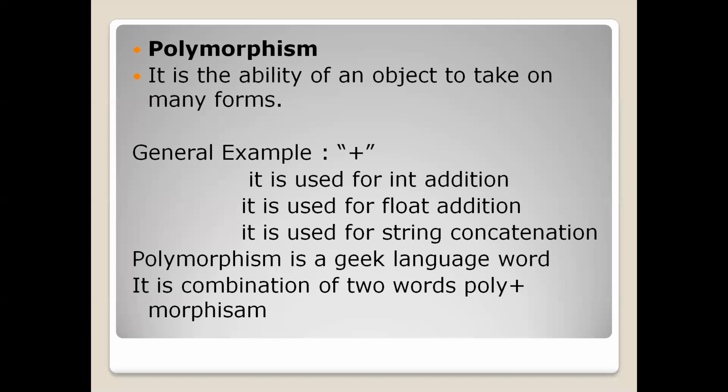So there the plus is used for integer addition, and here we are going to add a + b, where the a and b values are float values. That means the same plus symbol is used to add the two float values, right? So the same plus is acting for integer addition, and the same plus is used for floating point addition.